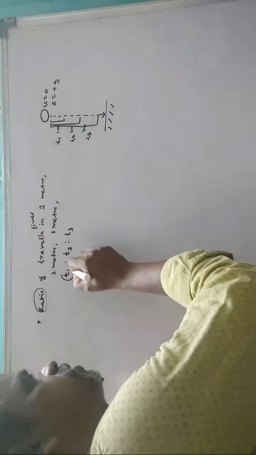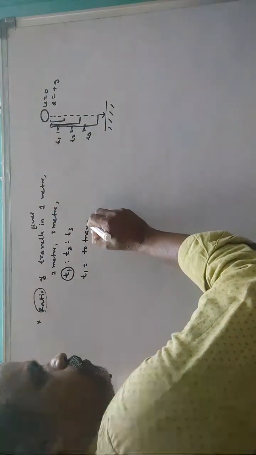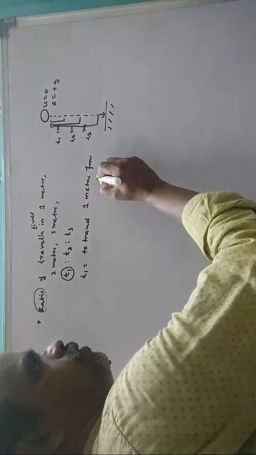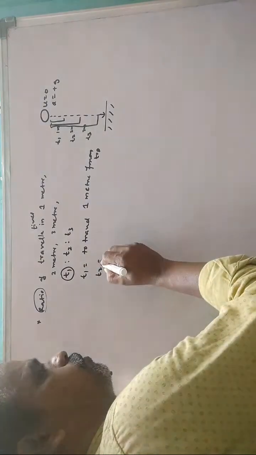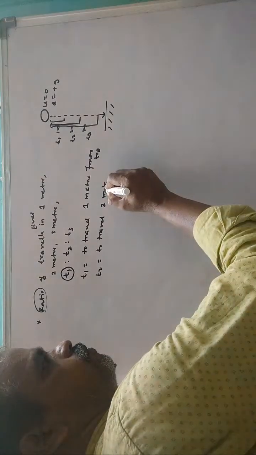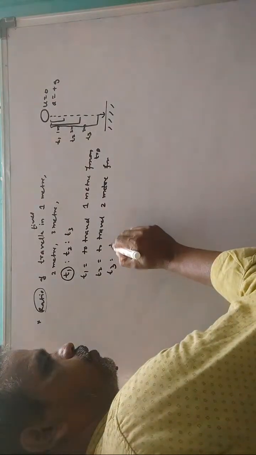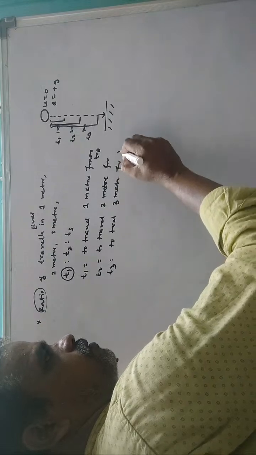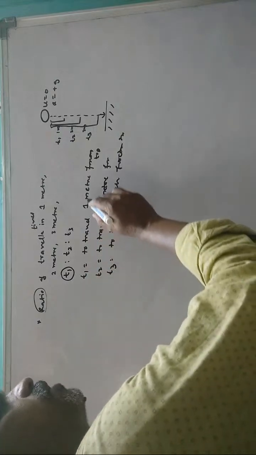So T1 is the time to travel 1 meter distance from the top, T2 is the time to travel 2 meters from the top, T3 is the time to travel 3 meters from the top.